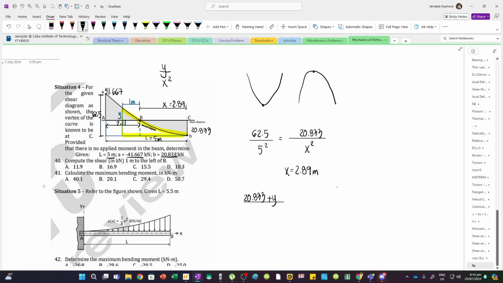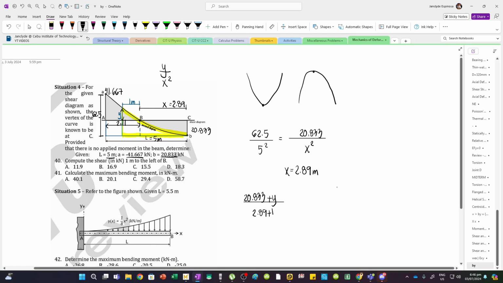Again, y is just measured right here. So this is over 2.89 plus 1 squared, equals this value for the whole spandrel.